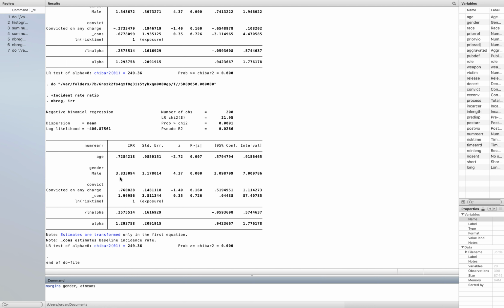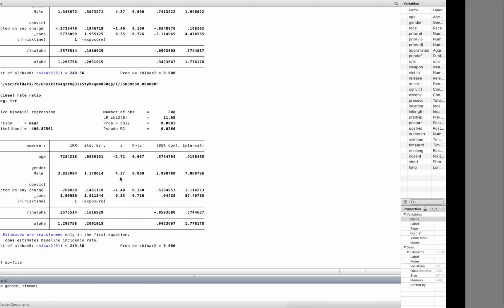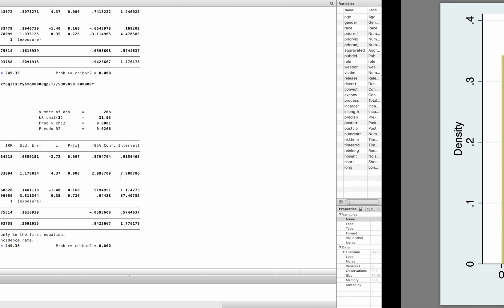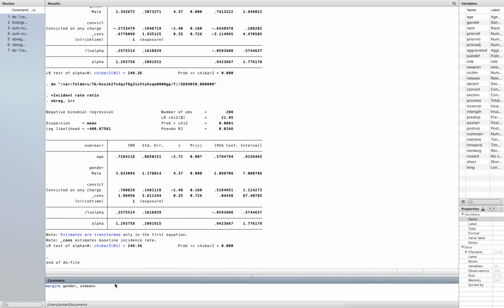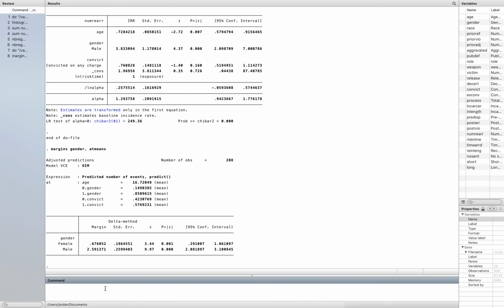Margins, gender, at means. This is going to look at male and female, the predicted number of rearrests for males and females, holding everything else constant at its mean.